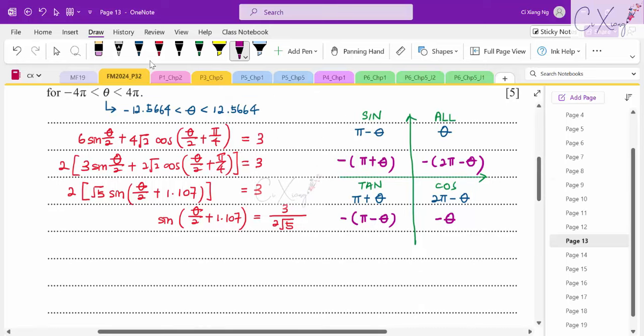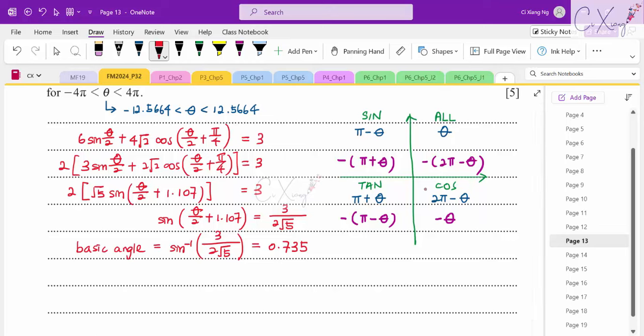So let's start. First of all, I want to get the basic angle, which is the theta in my diagram here. This basic angle is actually equal to sine inverse 3 over 2 root 5. If I press the calculator, I should get 0.735.